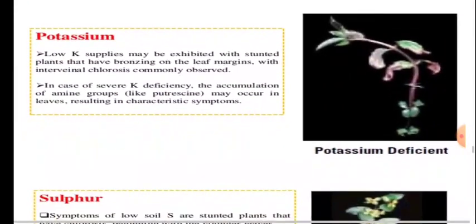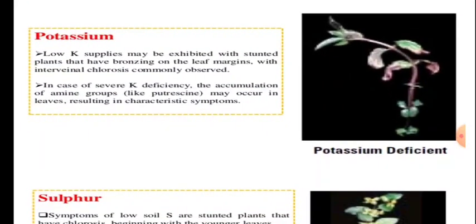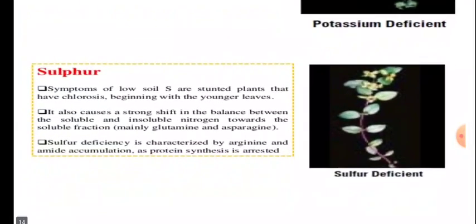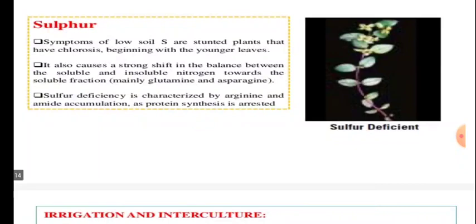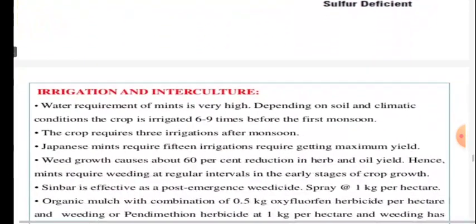And potassium, if it is low, it shows the stunted growth and bronzing of the leaf margins. So potassium deficiency is to be maintained. Then symptoms for sulfur: stunted plant growth, plants are not growing properly.